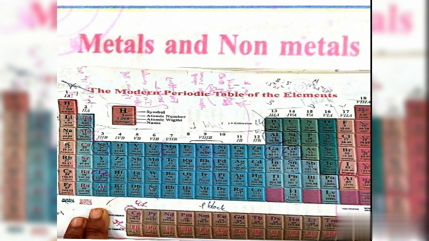Sodium, atomic number 11, is 1s2 2s2 2p6 3s1. Potassium, atomic number 19, is 1s2 2s2 2p6 3s2 3p6 4s1. In each, s1 is coming last.